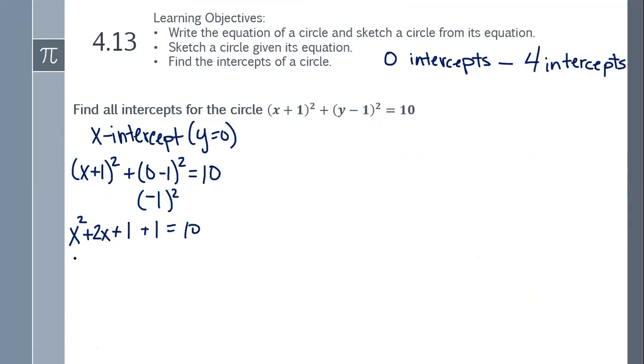So combining like terms, x squared plus 2x plus 2 equals 10. Again, going back to algebra and quadratics, I'm going to move the 10 to the other side so that I have it equal to 0.